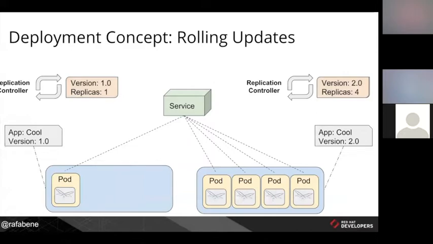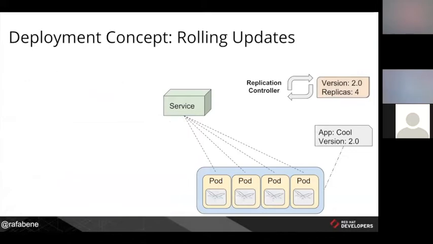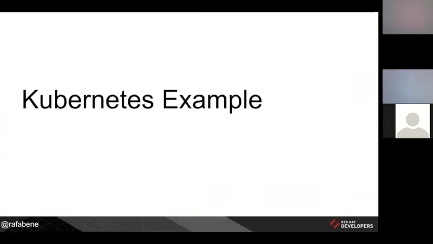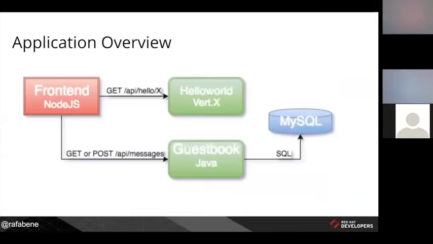At that moment, the replication controller is deleted. And when the replication controller is deleted, of course, the pod dies because it's managed by the replication controller. So that's how you update the version with 0 downtime.